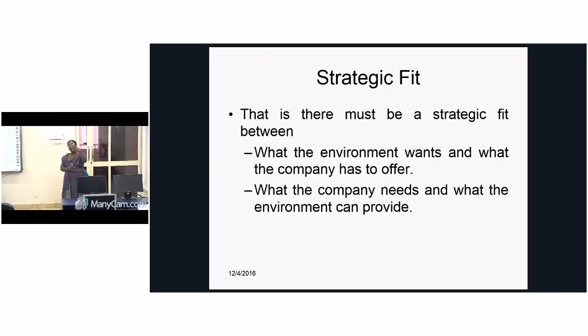If the environment asks us for a new product, the company should offer the new product. Then the fit is good at that moment. Again, the company requires certain things from the environment, and the environment offers these things to the company. If these relationships are fine and matching, then we say it is strategic fit.